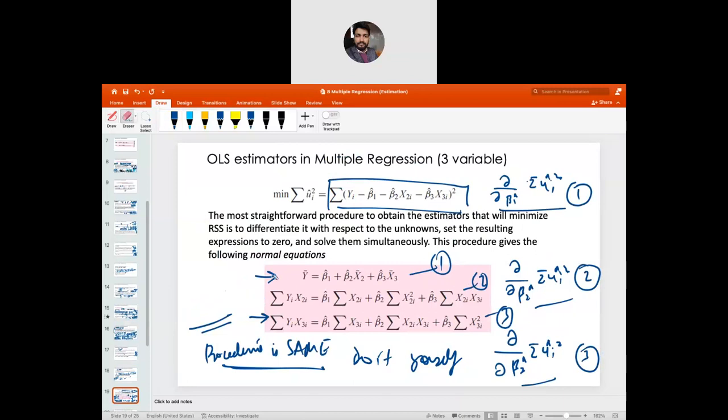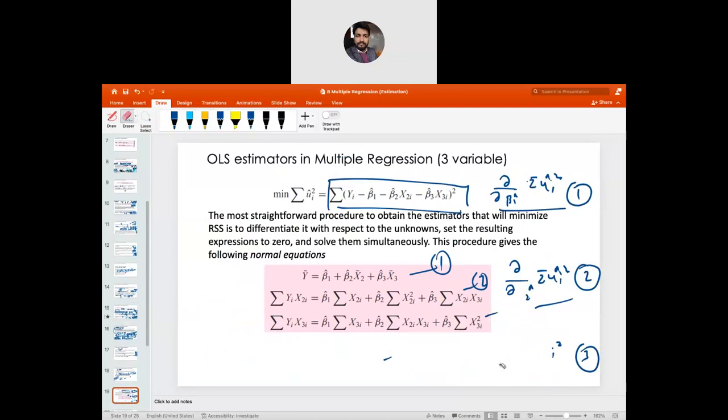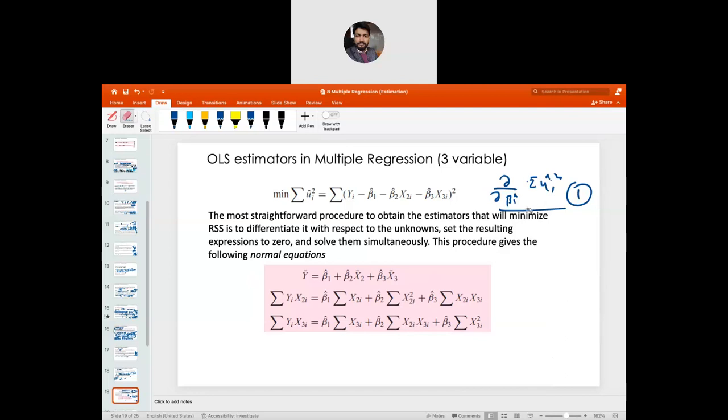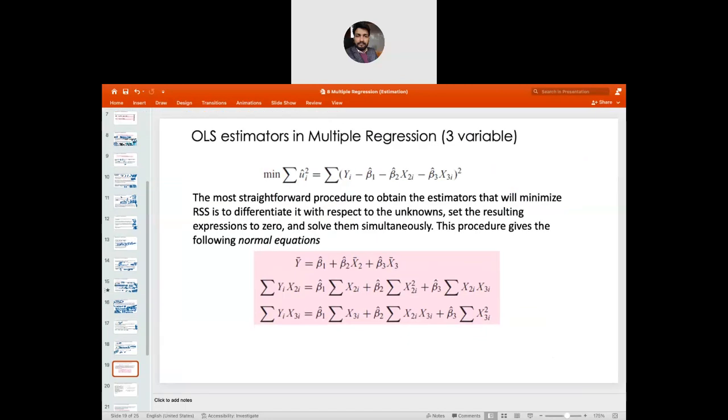You can use Cramer's rule, you can solve them simultaneously as you wish, but you have to get three things from three equations. And these three unknowns are beta 1 hat, beta 2 hat, and beta 3 hat. Three unknowns, three equations, easy to get, right?